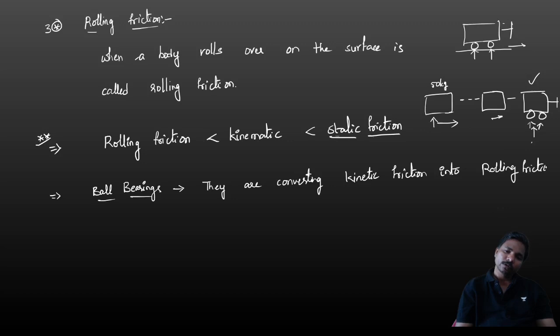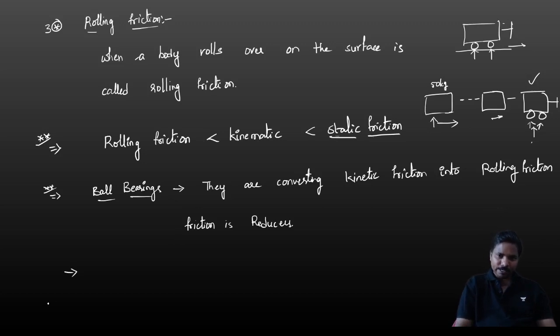So then what will happen? Friction reduces. So the importance of ball bearings is that they convert kinematic friction into rolling friction. Rolling friction is very less.